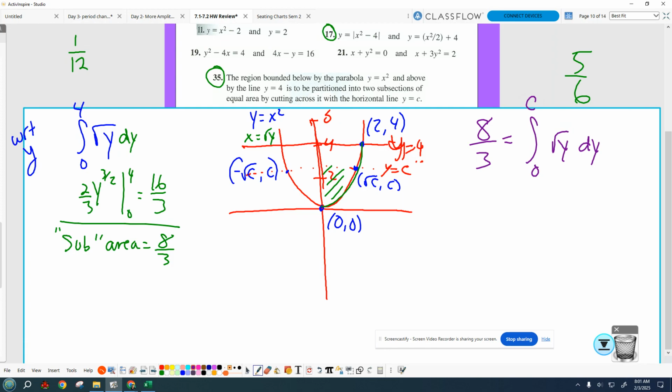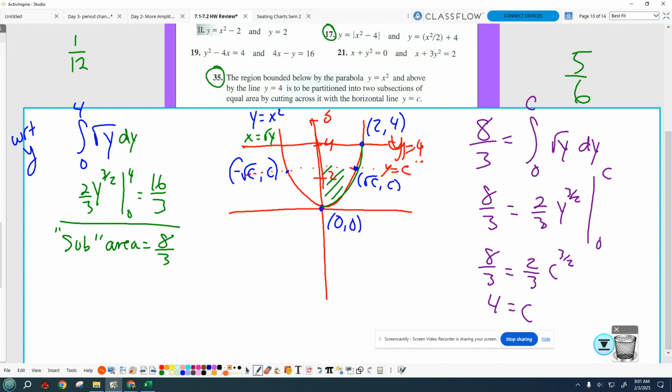And we already did the integration over here. Equals 2/3 Y to the 3 halves from 0 to C. Plugging in 0, I get 0. So 4 equals C to the 3 halves. And so it's 2.